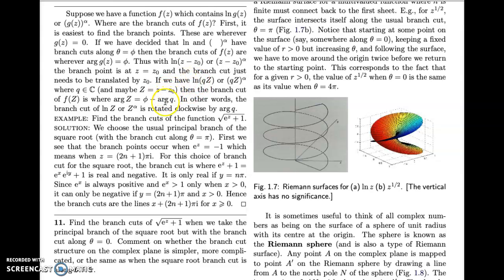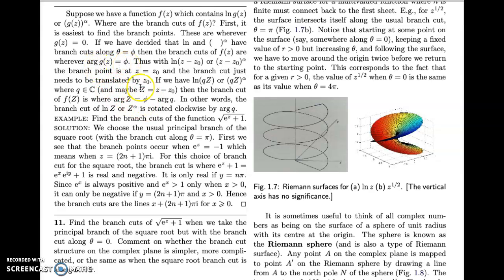Basically, this follows from the fact that the argument of a product of complex numbers, so you've got the product q times z here, the argument of that is going to be the argument of q plus the argument of z. And we want that to equal phi, it's going to be a branch cut when that is equal to phi.